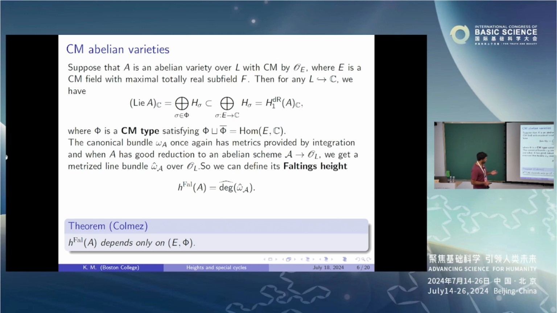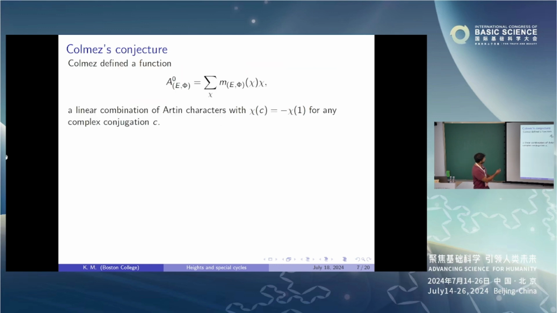One natural question, knowing this, is whether there is some way to define an arithmetic invariant of E and phi that is the analog of the right-hand side of the Chowla-Selberg formula. This is a problem also solved by Colmez. I'm not going to tell you the definition, but he defines a function. What kind of object is it?